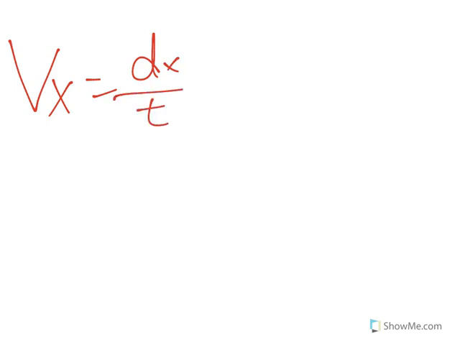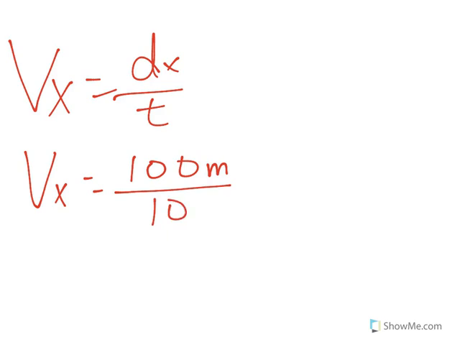Okay? And we know that the distance in the x is equal to 100 meters, and we know the time was equal to 10 seconds. So we should end up getting a velocity in the x of 10 meters per second.